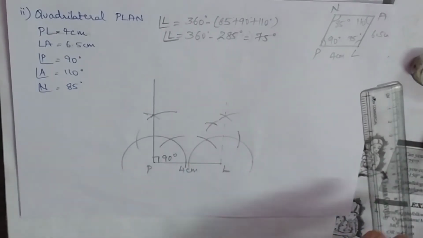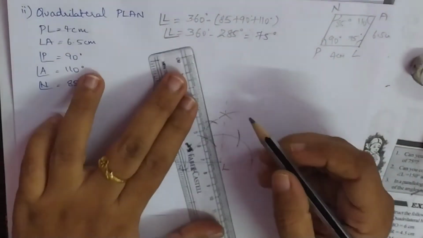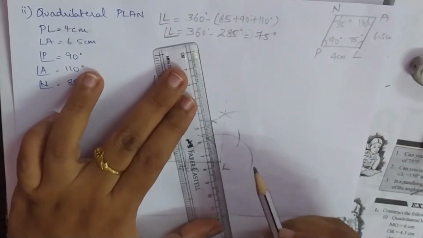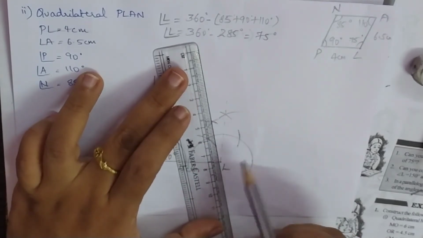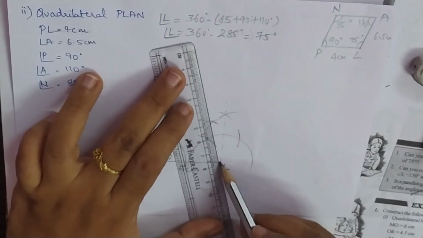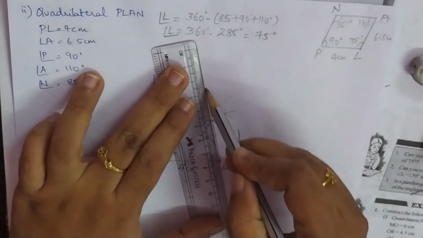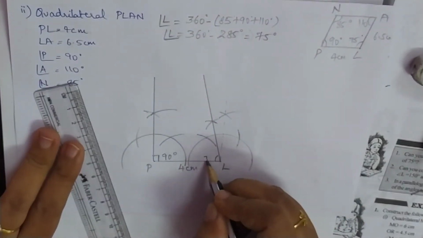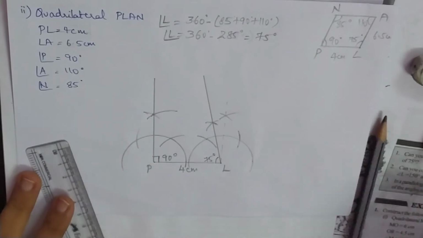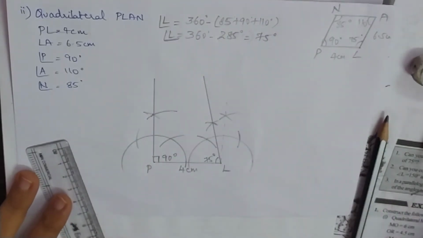Okay, so they bisect at one particular point. This point is known as 75 degrees. So draw a line. This is 75 degrees.